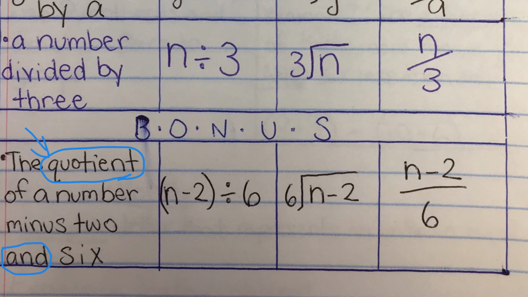So anything that comes before the "and", which is a number minus 2, is going to be our dividend, and anything that comes after our "and", for instance 6, that's our divisor.